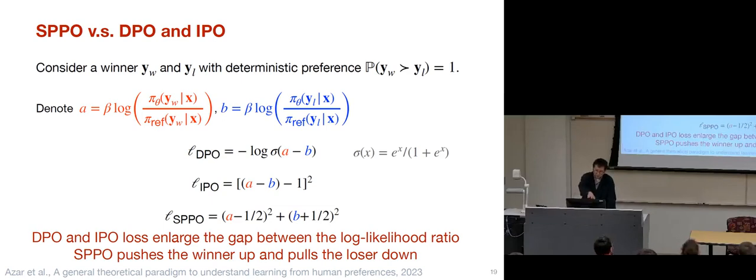For simplicity, you can think of the IPO loss as trying to minimize the square loss of A minus B minus 1. And in this case, if you minimize the IPO loss, you essentially make A minus B roughly equal to 1. So you still maximize the gap between A and B, but you cannot guarantee that A will be maximized and B will be minimized.